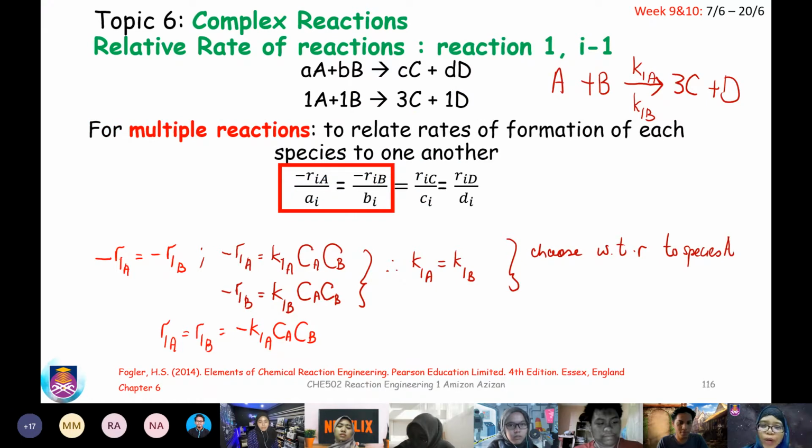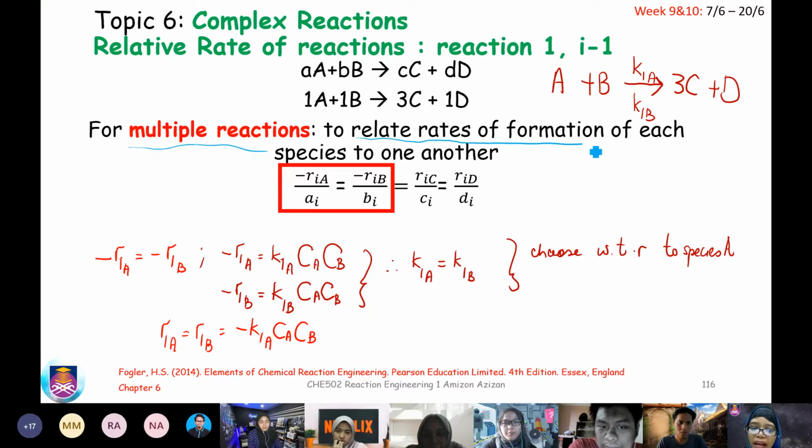So what do we need to do? We're going to input all the possible equations for the ODE solver so that it can use them to solve the multiple unknowns. For multiple reactions, we want to relate the rate of formation of each species to one another.